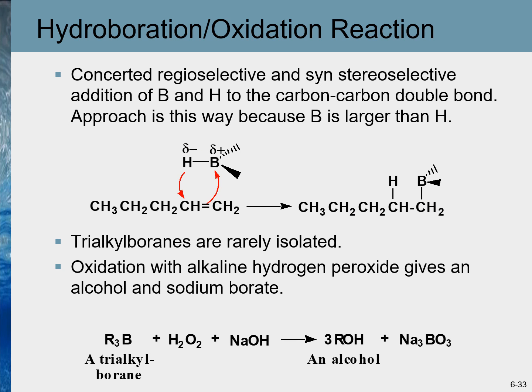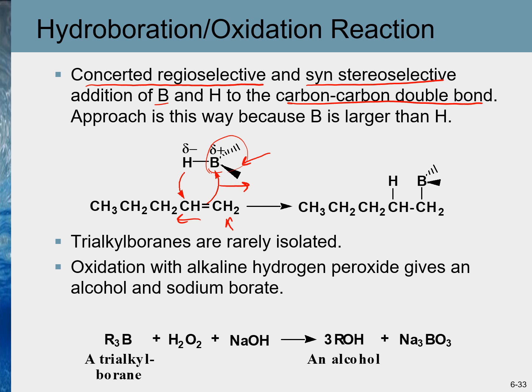In the hydroboration part of the reaction, concerted regioselective and syn stereoselective addition of boron and hydrogen to the carbon-carbon double bond takes place in the first step. The meaning of concerted regioselective and syn stereoselective is that during this addition process, the molecule orients in such a way that hydrogen is oriented toward the inner side of alkene and boron is oriented towards the outer side of the alkene.